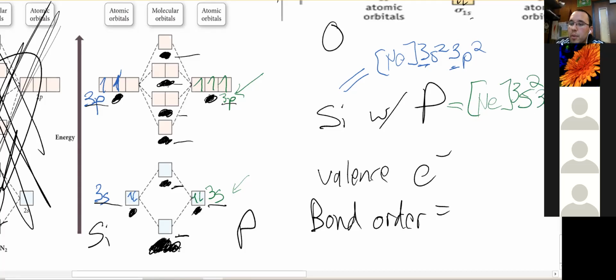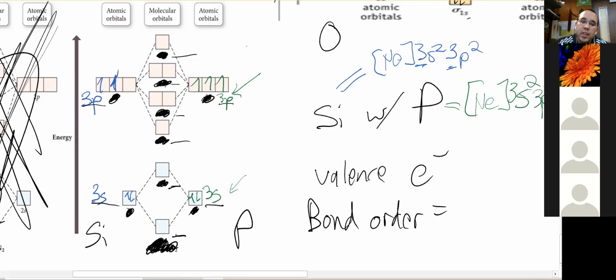And so you think it's 3p5. It would be neon and then 3s2 and then 3p3. 3p3, right? And so that's why it's got 3 electrons in the 3p.